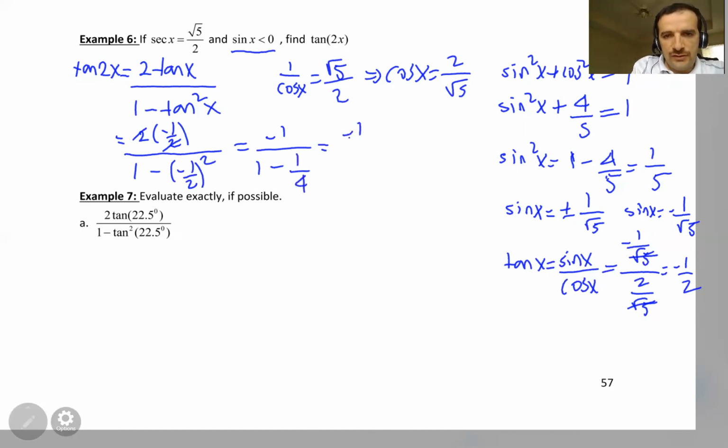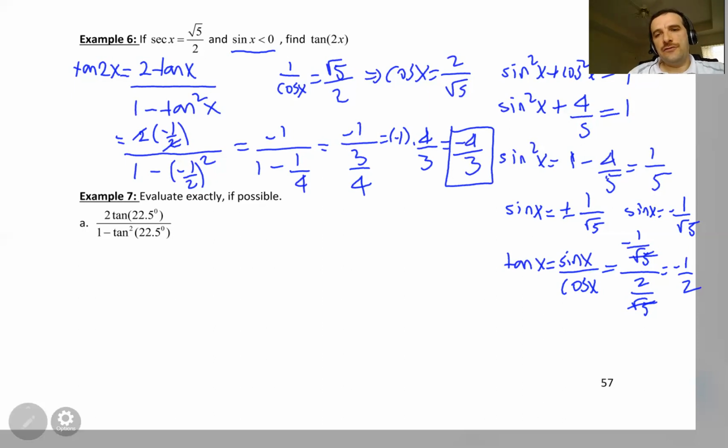So negative 1 over, if I have the common denominator here, it will be 3 over 4. And how do we do this division? Just flip the bottom and multiply with the top, right? That's equal to negative 1 times 4 over 3. So it is negative 4 over 3.